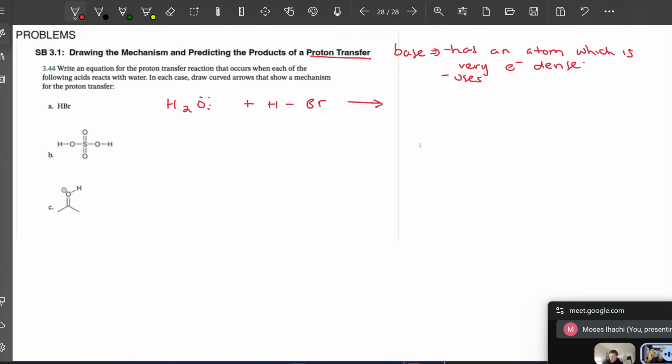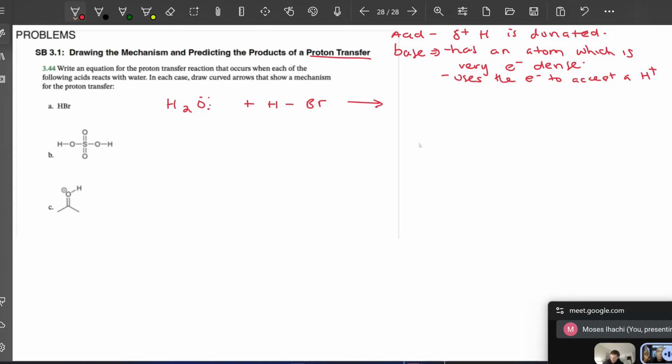So it uses the electrons to accept a proton. The acid, on the other hand, is going to have, I think we identified it yesterday, a partially positive atom. Yes, we did. It's donated. So an acid is just a proton donor.